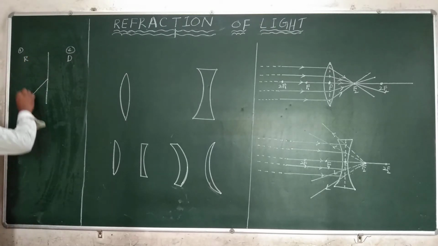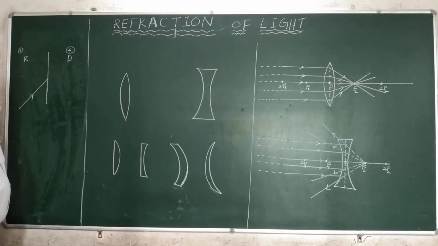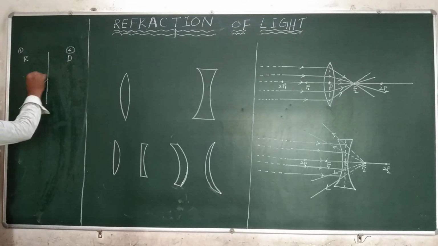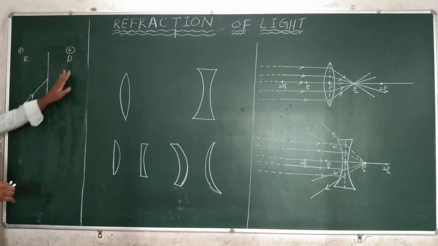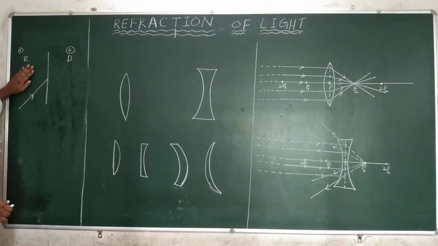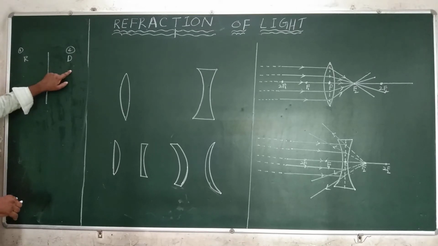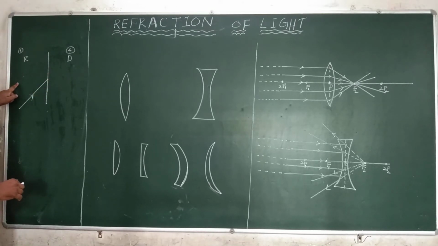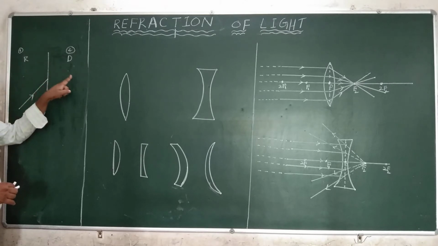So the light travels from the rarer medium to the denser medium, which has more optical density. That's why the refractive index is more here and less there.